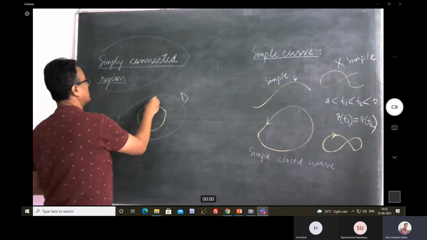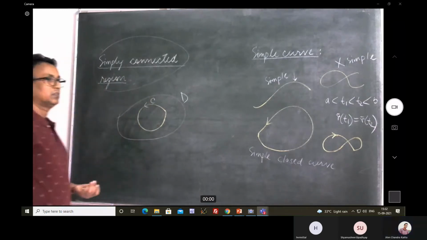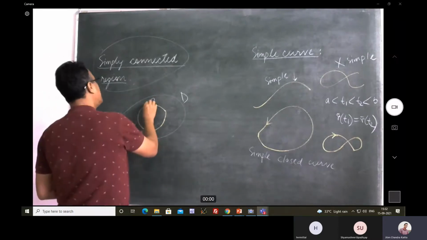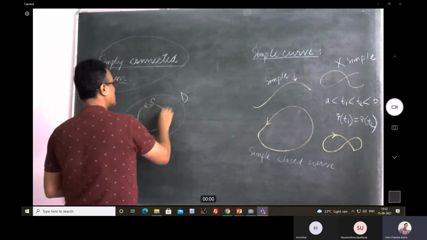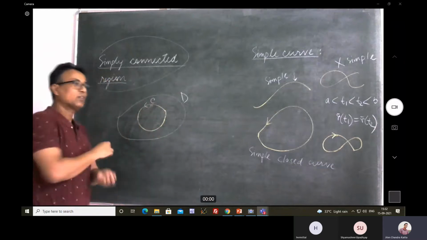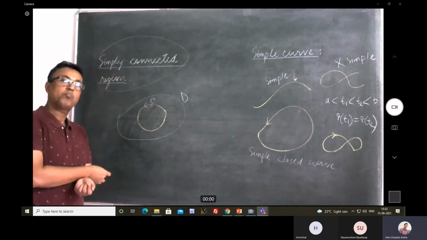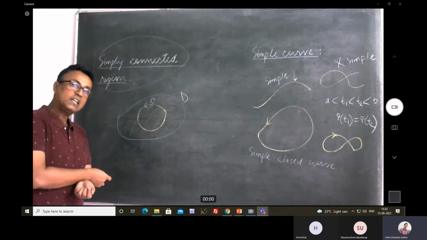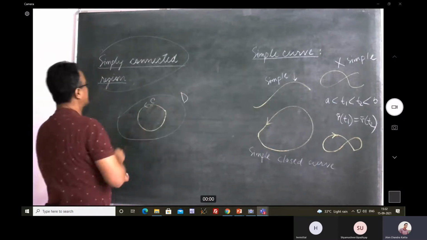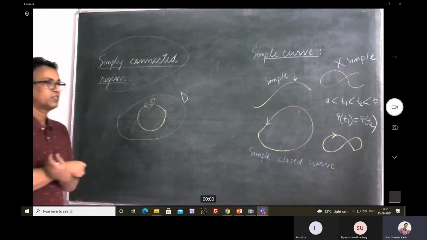suppose, right? Okay. So if this simple closed curve encloses points only belonging to this region D, then we say that D is a simply connected region.